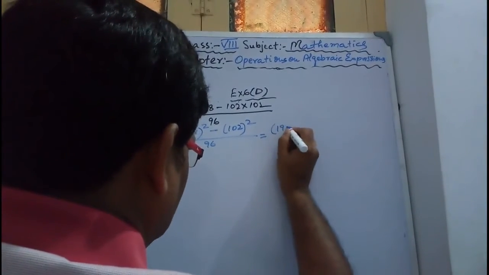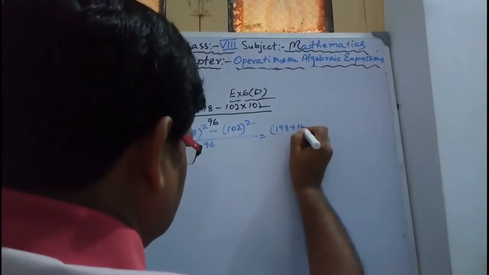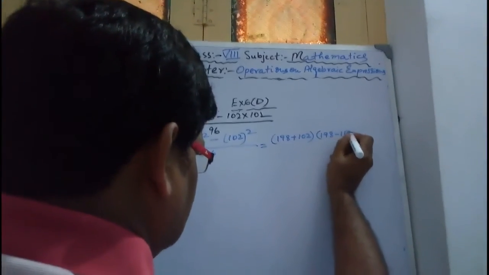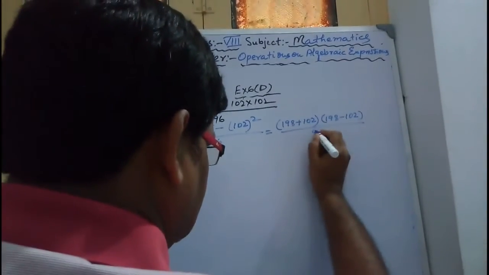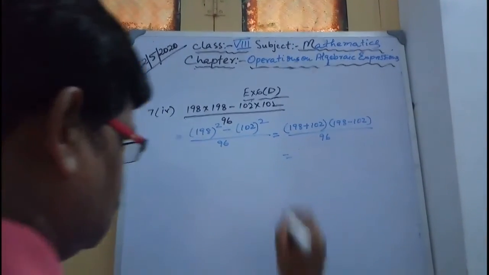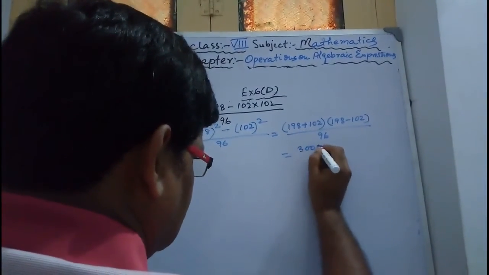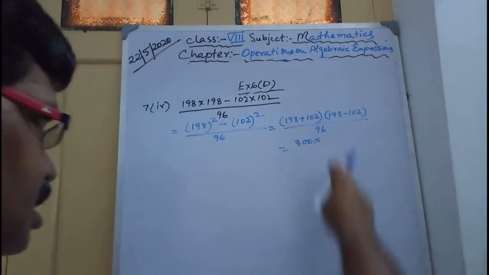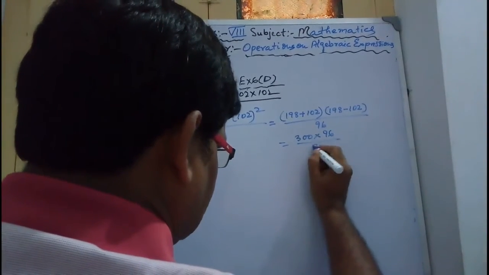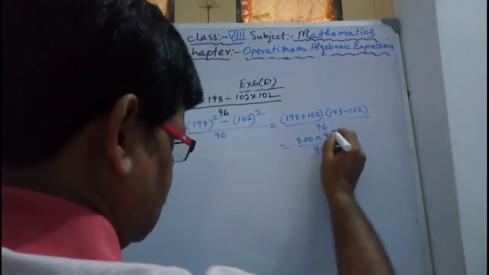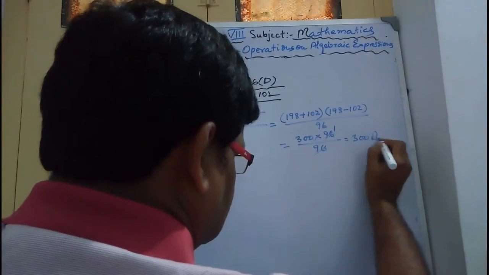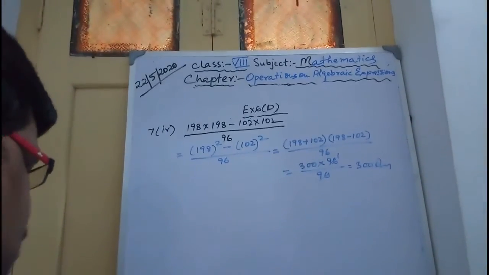So that is (A plus B) into (A minus B) by 96. Now add 198 with 102, that is 300, into 198 minus 102, that is 96, by 96. So this one cancel. So answer is 300.